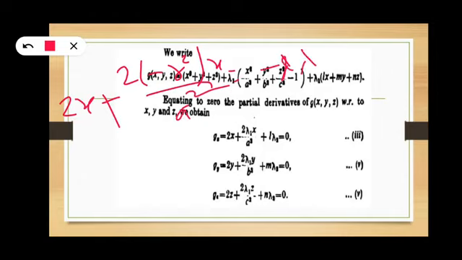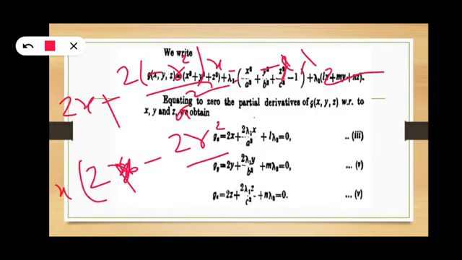So here we get 2x minus 2r square x by a square. If we take x common, this will remain: x into 2 minus 2r square by a square is equal to minus l lambda 2.